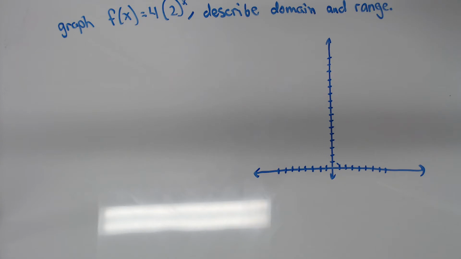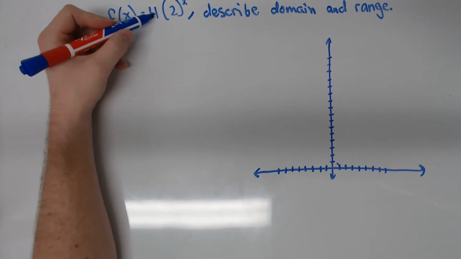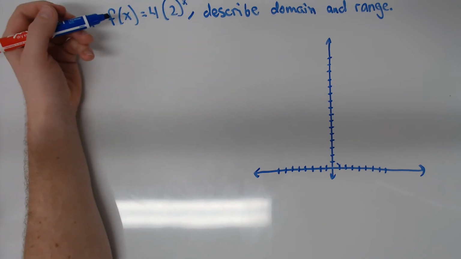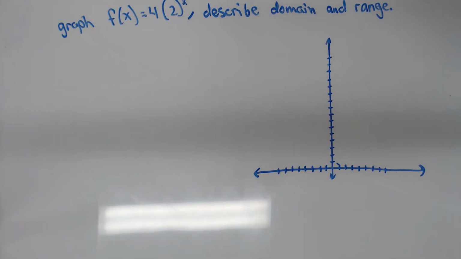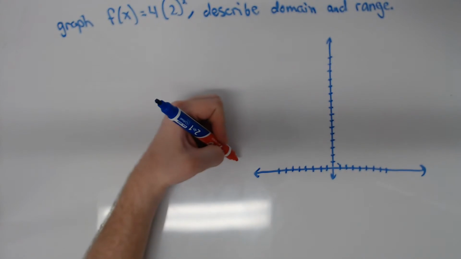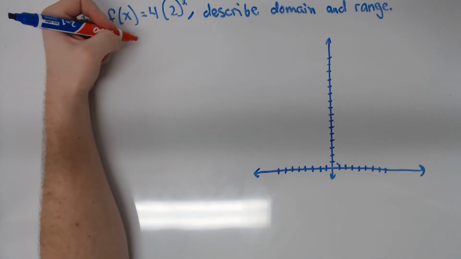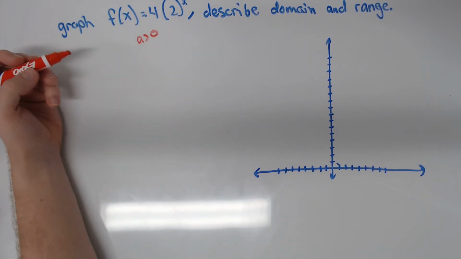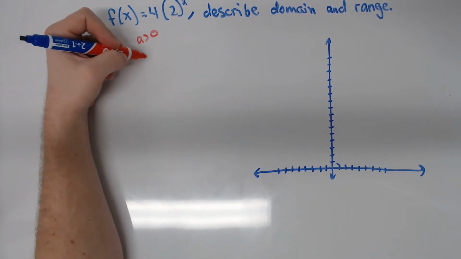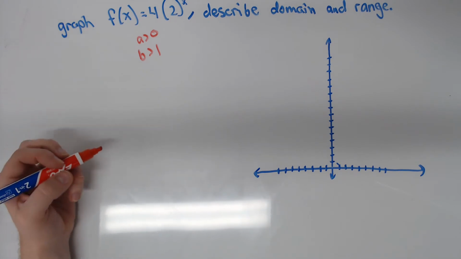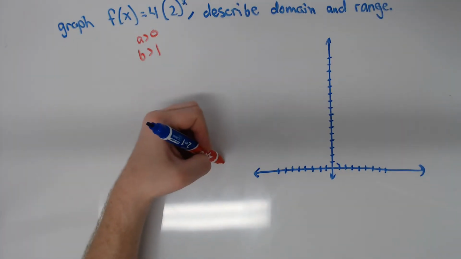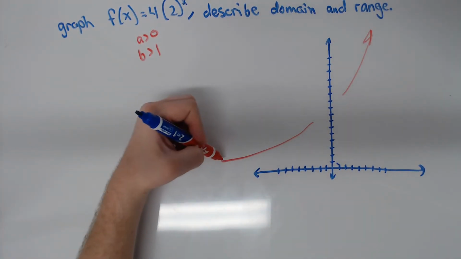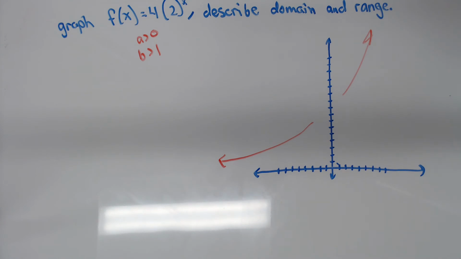Let's do a couple of graphs. This first one is going to be y equals, or f of x equals 4 times 2 to the x power. So before I do anything, let me just draw out here. This is a positive a is greater than 0, and b is greater than 1, which means it's our normal, it's going to have roughly that shape.